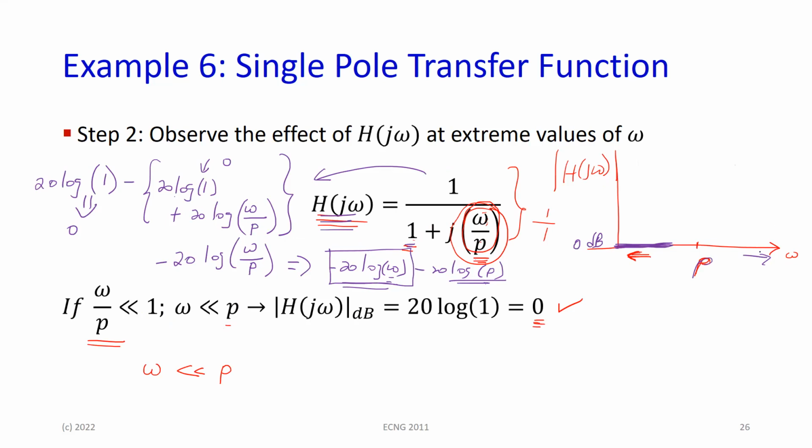So at high frequencies, as the frequency gets high, the frequency response has a slope of minus 20 dB per decade.